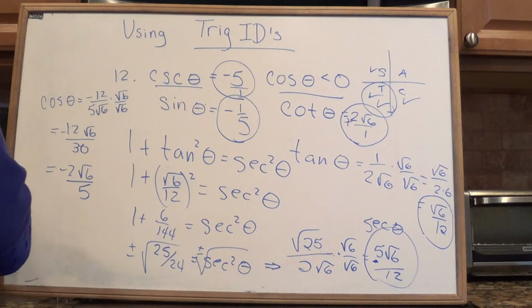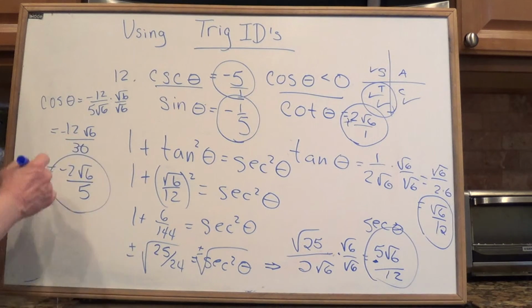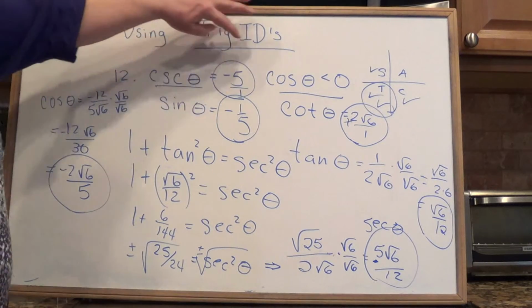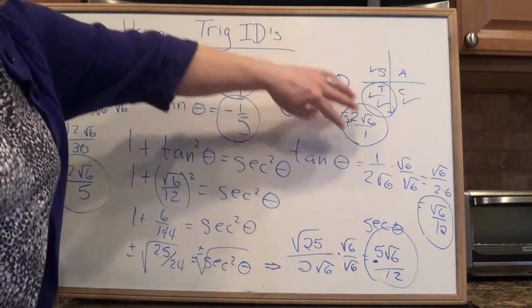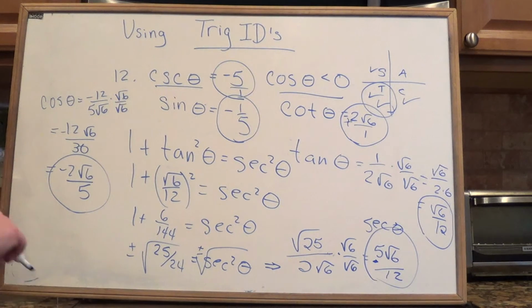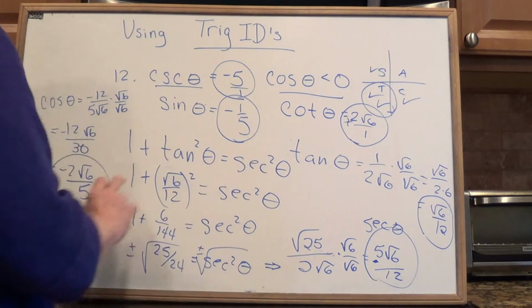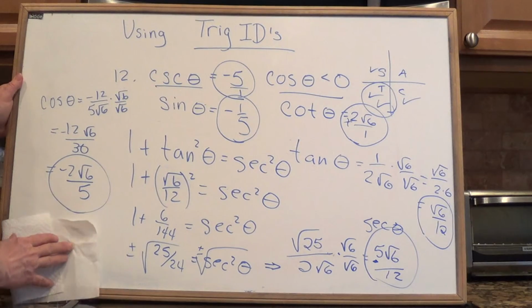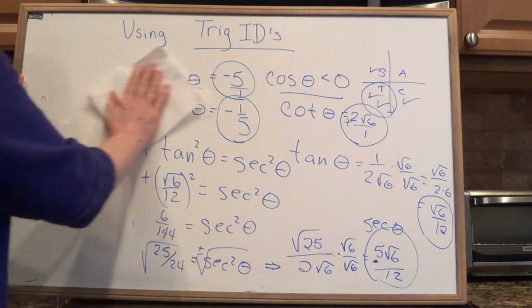Let me check that. Alright, it's correct. So that's my cosine. So cosecant, sine, cotangent, tangent, secant, cosine. Alright, so that one was a little yucky because we had to use the Pythagorean IDs, but it is doable. So I wanted to go over that one with you.